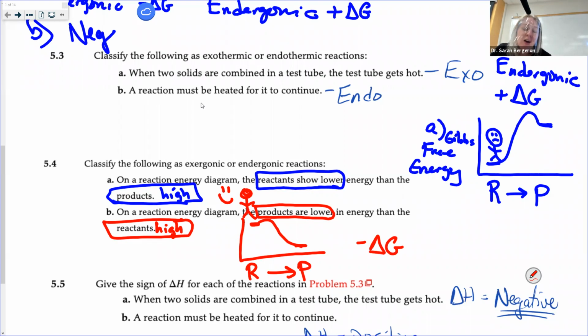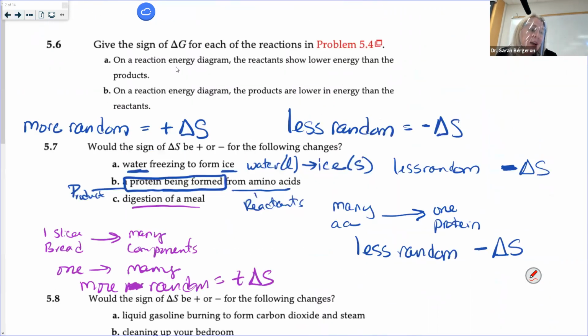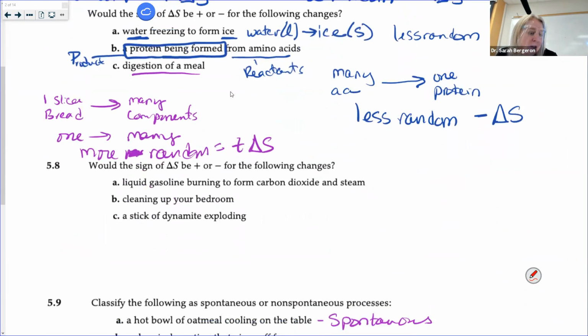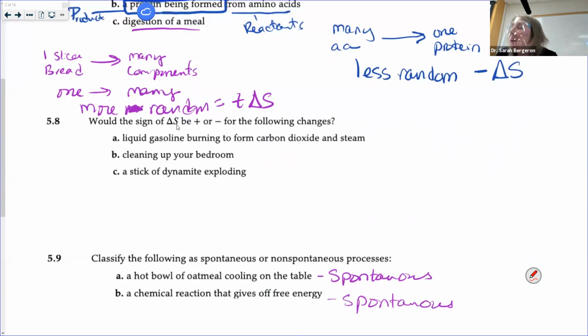Am I endergonic or exergonic? Okay. Not too bad, right? And the next one, I think it says go back to 5.4 and give the sign of delta G, but we already did that, right? We're good. Okay, so now we're going to talk about delta S, our entropy, right?